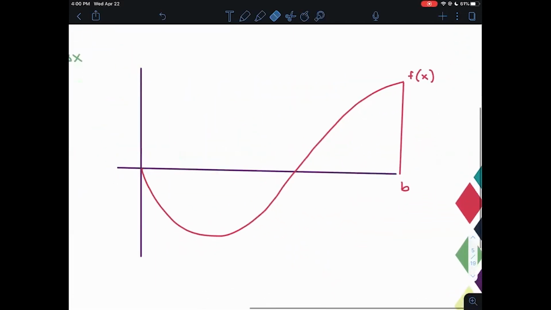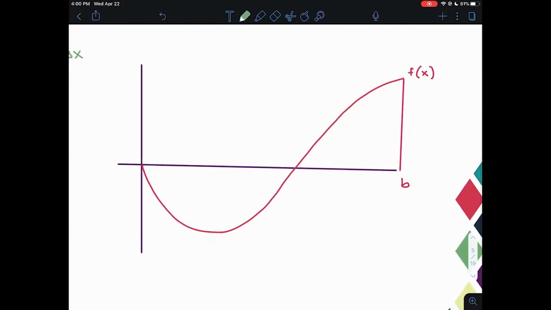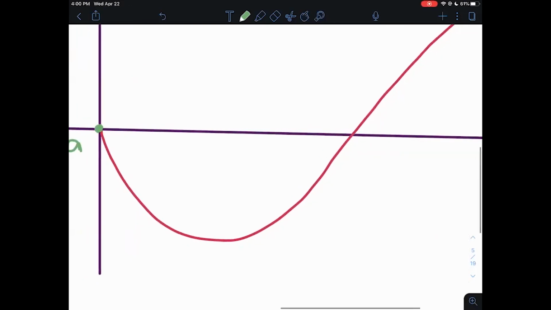So if we look at this function here, and I'm just going to make point A 0, if I start doing Riemann sums, if I start thinking through this approximation of the area, I'm going to keep saying under, but area under a curve, area between a curve and the x-axis, whatever you want to think about it for now.